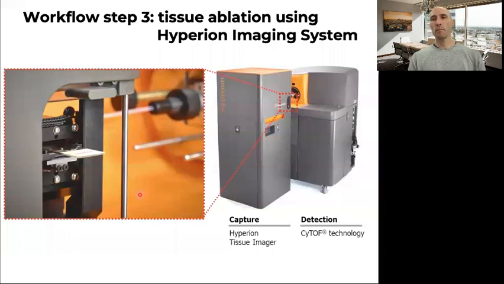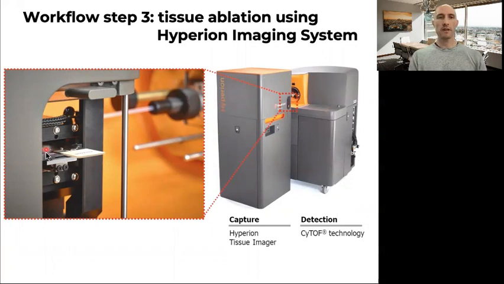Once you design your panel and stain your tissue, you have to ablate the tissue using the Hyperion imaging system. So as you know, Hyperion is comprised of 2 units, as you can see here. One is the Hyperion tissue imager, which is here, and there is the mass cytometer, which is here.